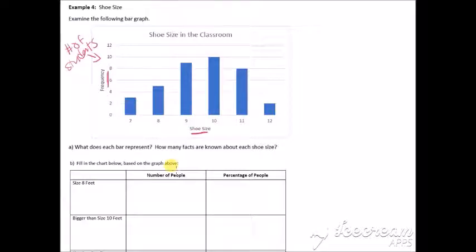Okay, so what does each bar represent, and how many facts are known about each shoe size? So each bar represents, well, we kind of just said the number of students with that size.